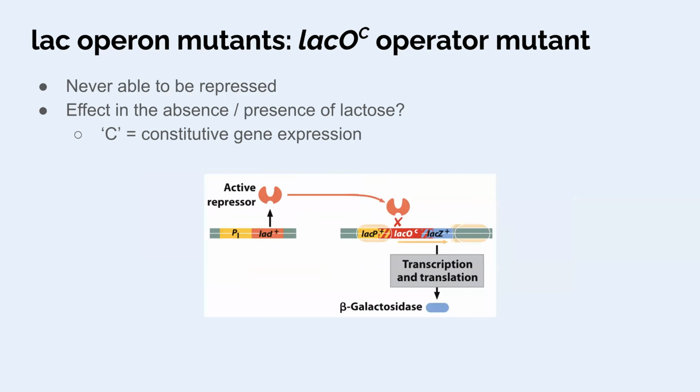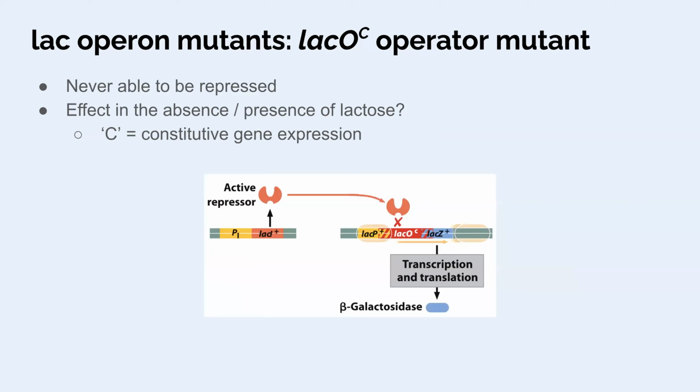And here's one more example of a mutant. This is a mutant of the operator region, which again was a specific part of the promoter. And that's the region where the repressor would normally attach. And this kind of mutant is a change in the recognition sequence of DNA so that a normal repressor molecule can't attach there. So yet another situation where it doesn't matter if there's lactose or not, the repressor cannot ever do its job of repressing.